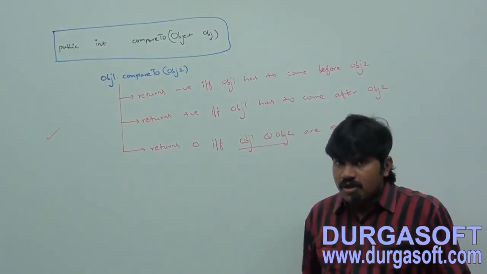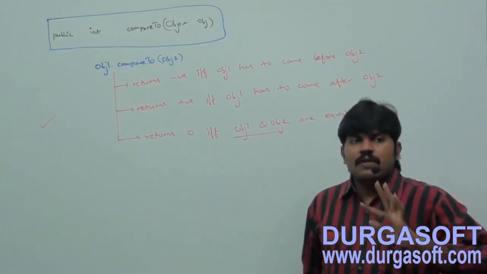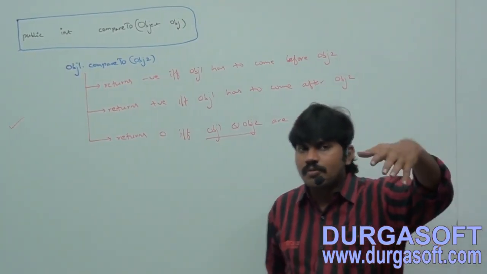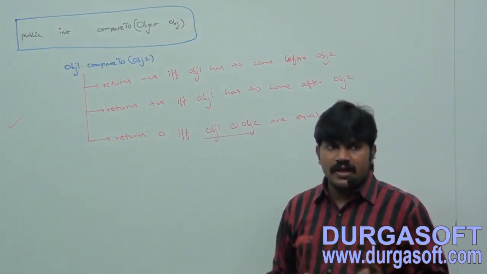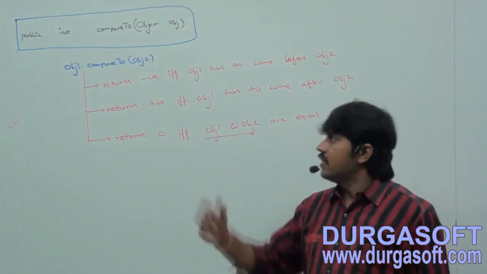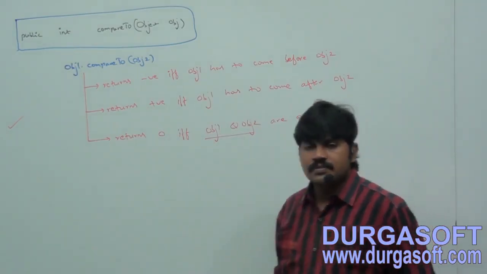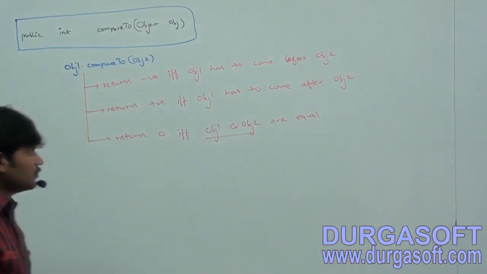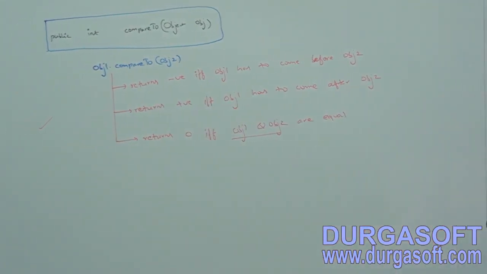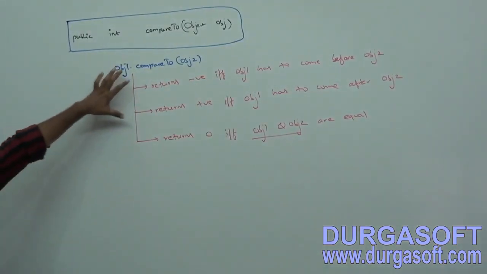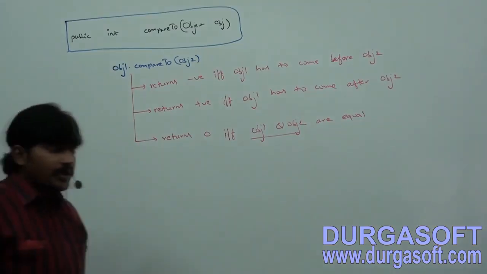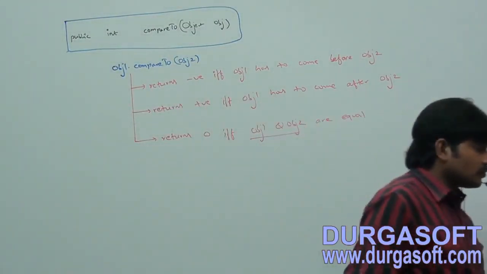Positive means obj1 should come after obj2. 0 means obj1 and obj2 are equal, a duplicate, so don't insert. Take the syntax followed by this total thing. Very important part.